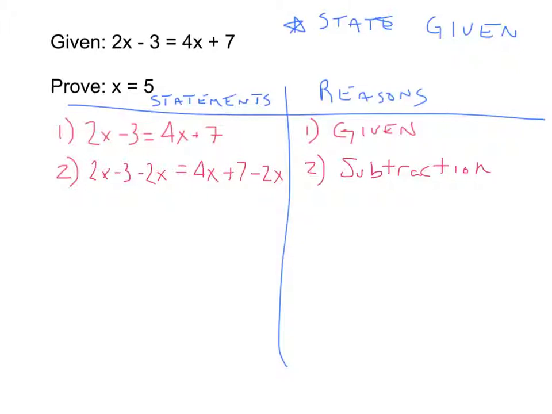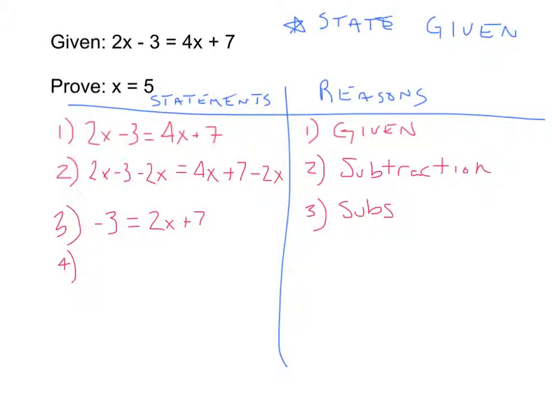Now if we look at this, I can simplify this side and I can simplify that side, so I'm going to do that. And so the left side becomes negative 3x, or just negative 3, equals 2x plus 7. And anytime you simplify, that's substitution. I just like to put subs.